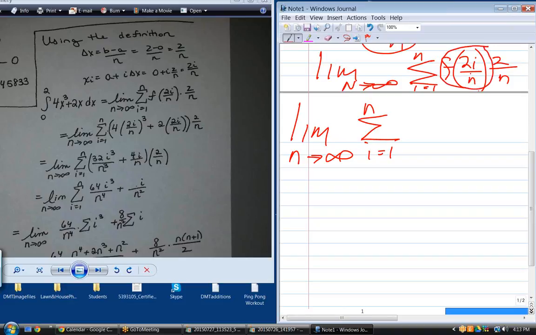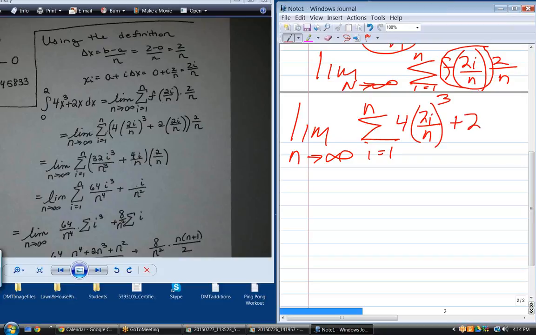That is where I substitute what's inside the parentheses for x in the function. So it would be 4 times 2I over n, my c sub I, cubed, plus 2 times 2I over n. Oh, I had it squared. That's cubed. Yeah, the original function is cubed. 4x cubed plus 2x.